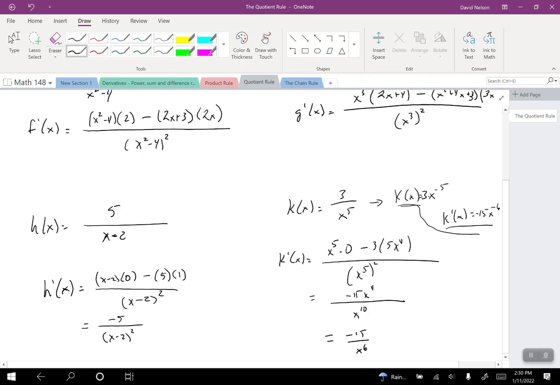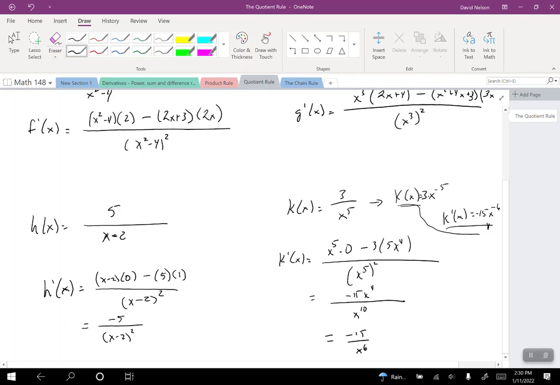You can cancel those, and that's the exact same thing that we got using the power rule. So the quotient rule and the power rule will give you the same thing, but you can't always use the power rule. You can only use the power rule when you've got just x to a power down there. If you've got any other weird functions on top, it's going to take a little bit more work.